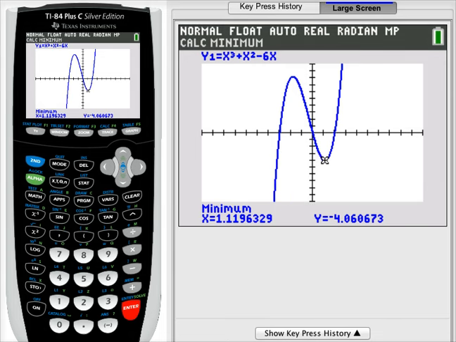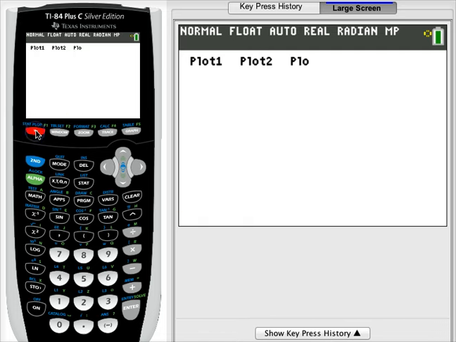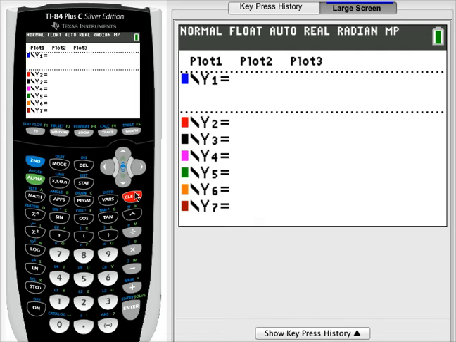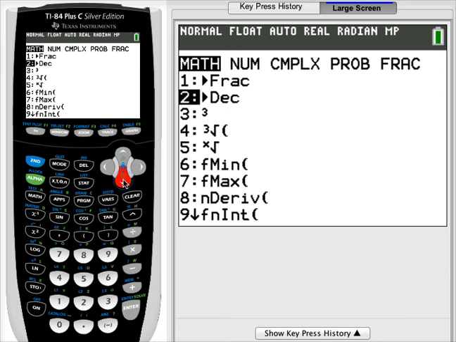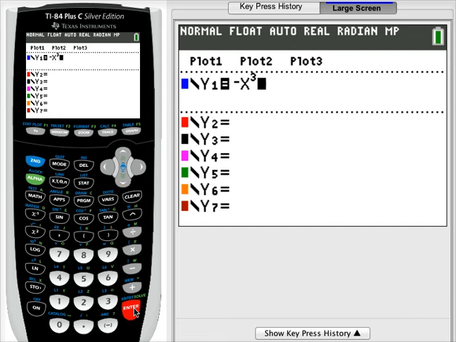And let's do our next example. So I'm going to need to go back, clear that out, and type in my new function. So negative x, and again cubed is under math. So negative x cubed plus 2x squared plus 5x minus 6.